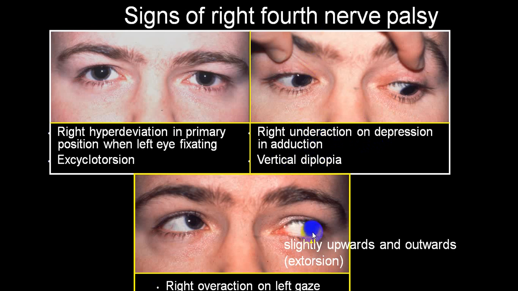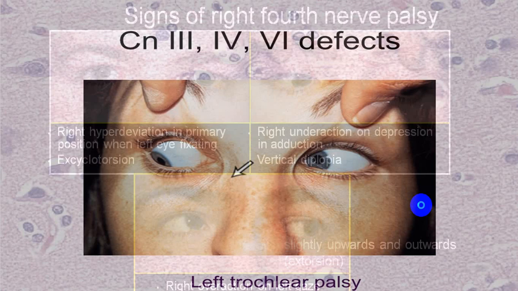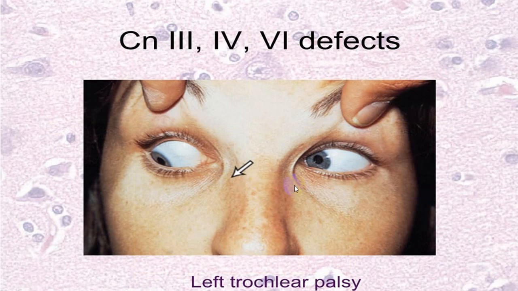There will be a slightly upward and medial movement whenever you get palsy, due to unopposed action. Here you can see that this eye moves very nicely downwards and outwards, but this one you cannot move. So this is left side trochlear palsy.